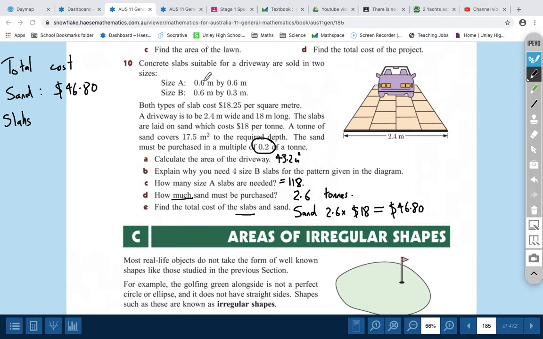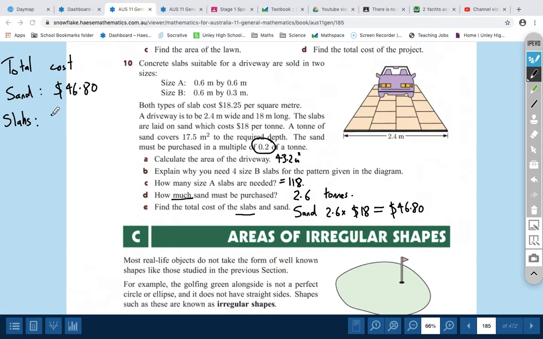Right, now the slabs, let's have a look. Both types of slab cost $18.25 per square metre. Wow, we can just treat them all as the same thing. And we know that we didn't need to cut slabs short or anything like that, right? What we can do is just base it off the square meterage.